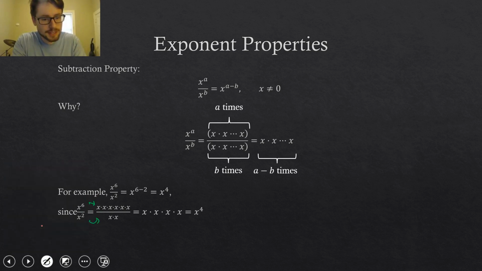And so from this we can see that there's 1 x on top that can cancel with 1 x on the bottom, and another that can cancel with the other x on the bottom. What you're left with is these 4 x's over 1. So that's just x times itself 4 times. So this is our exponent property for subtraction.